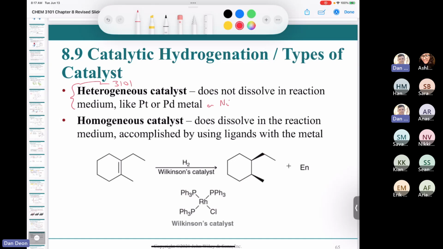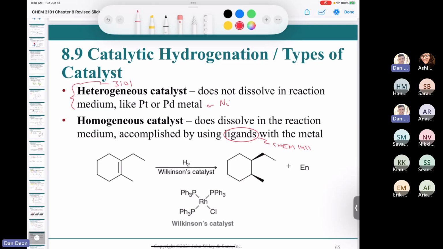But there are homogeneous catalysts, meaning ones that do dissolve in the reaction medium, in the solvent. The way that they do that is they make what we call ligands, and that's something you would have covered hopefully in chemistry 1411. It renders the catalyst soluble.